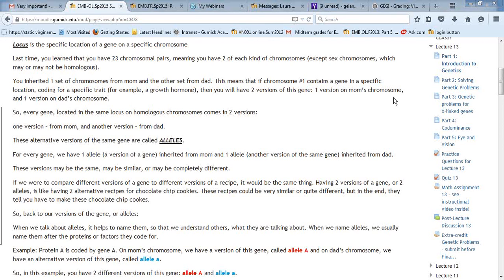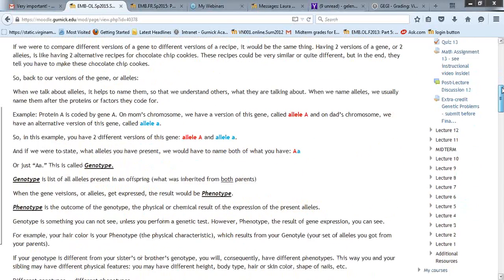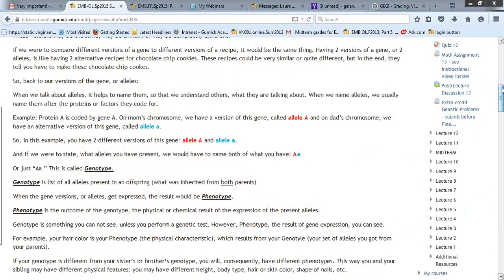So it's just like 2 recipes. Those 2 recipes could be very similar or they could be very different. But you have 2 different versions, or 2 different alleles, coding for the same trait, coming from mom and from dad.